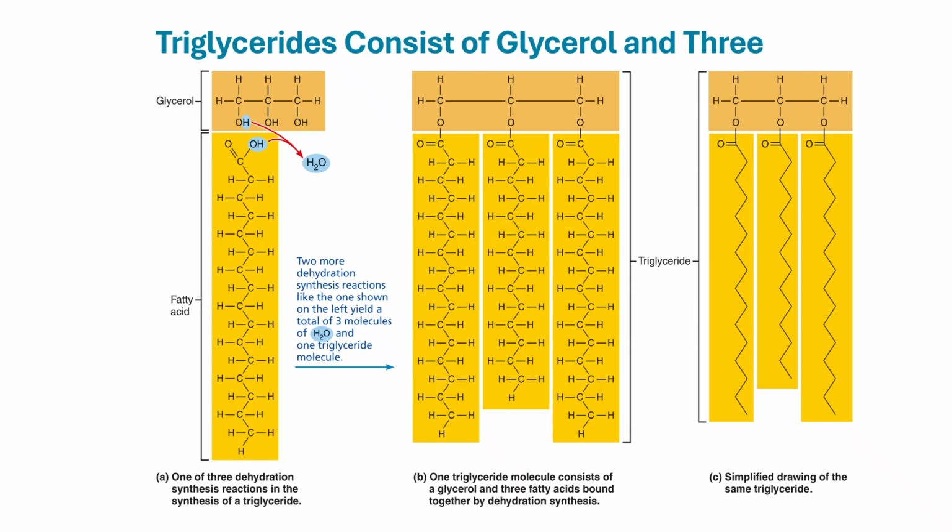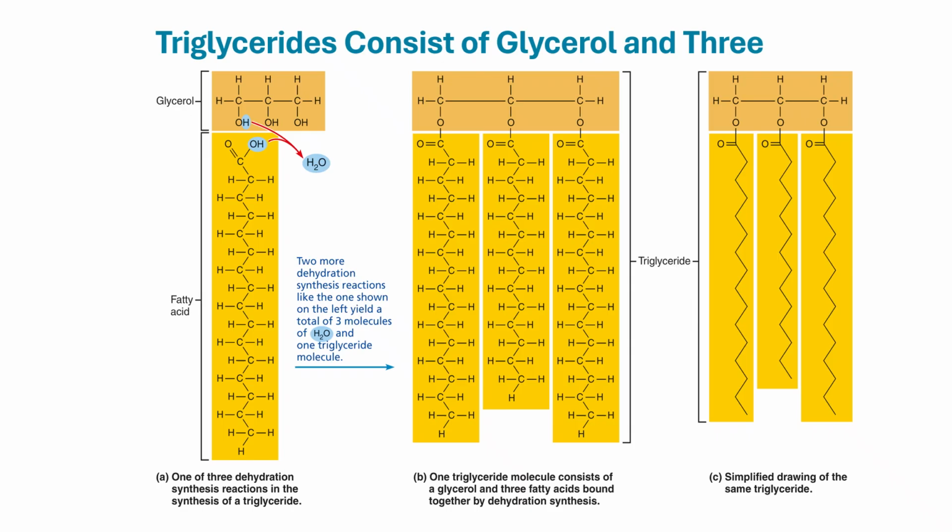And then when you put it with a glycerol, you're going to have a dehydration synthesis. So it's going to take the hydrogen and the OH from the fatty acid, and it's going to bring out a water, and then those two are going to bond together so you have glycerol with a fatty acid.